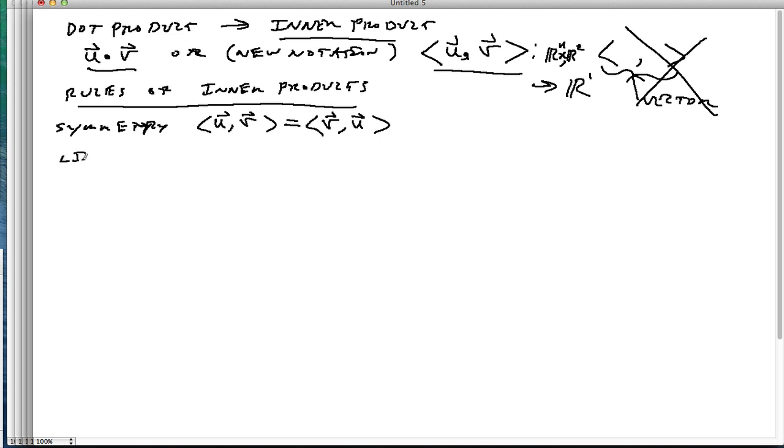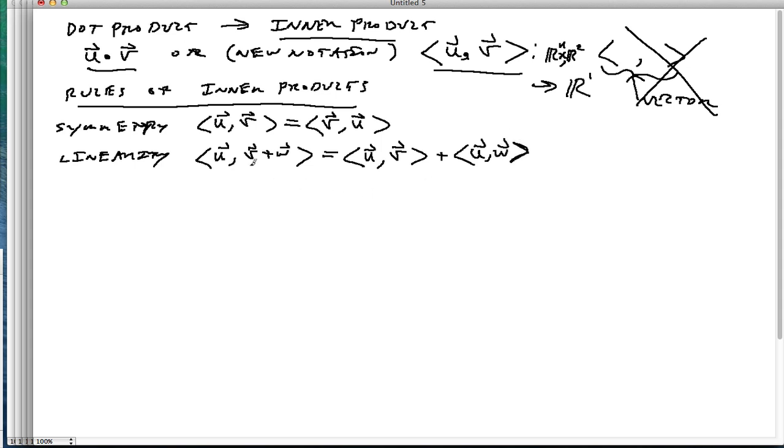The other is linearity. If I have u and the sum of two vectors, v plus w, the sum passes right through the inner product, and it becomes the sum of two individual inner products of the two summands.